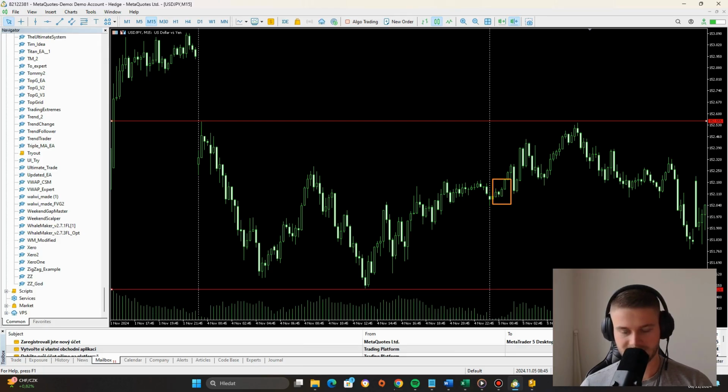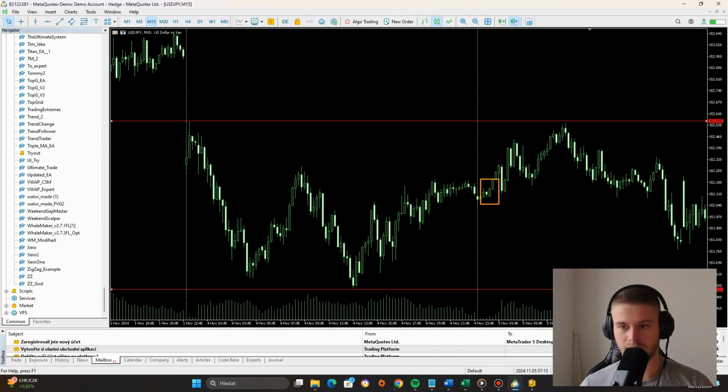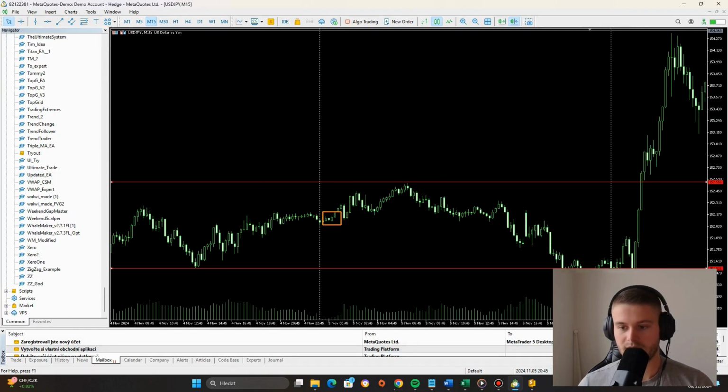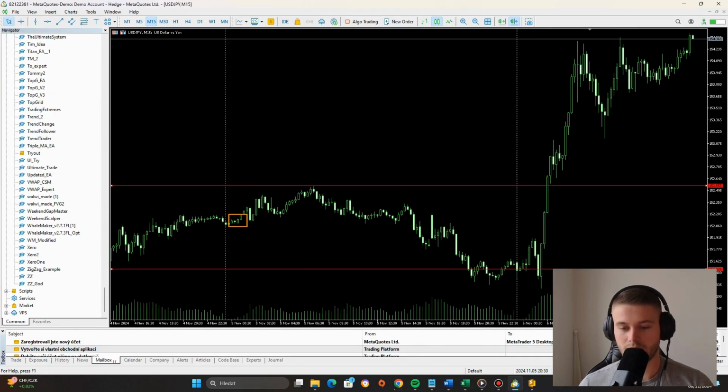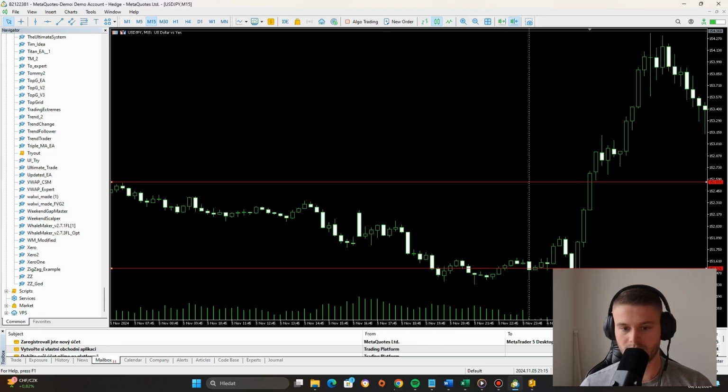And then the idea is extremely simple. Once the price goes either above or below one of these levels, it will open the position, so it will be either a buy position or a sell position. So for example here, you can see that the price went below this previous day's lowest point, so we would open a sell position here.